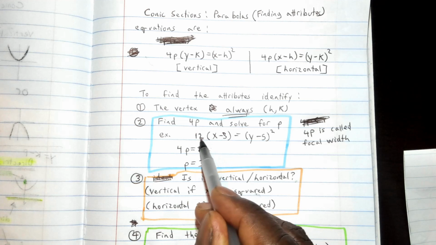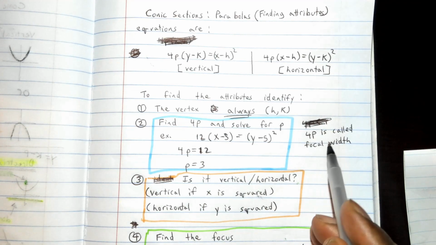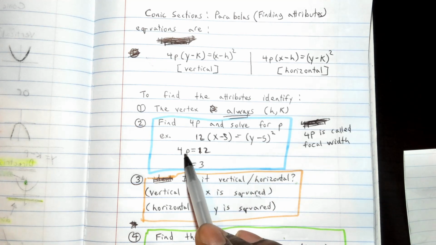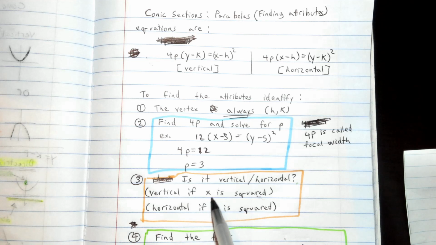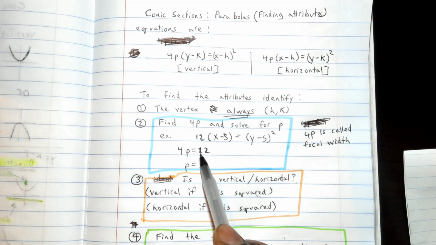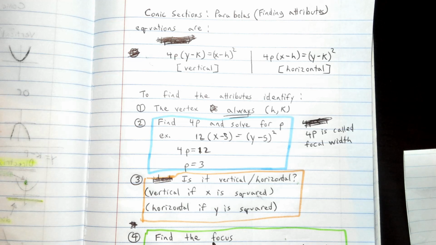So 4p right here is 12. 4p is also called the focal width. So if we wanted to find the focal width of this parabola, the focal width is 12. And if we solve this equation by dividing both sides by 4, we get that p is equal to 3. We might need to use this, or we will use this later.